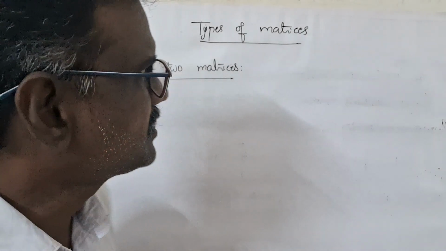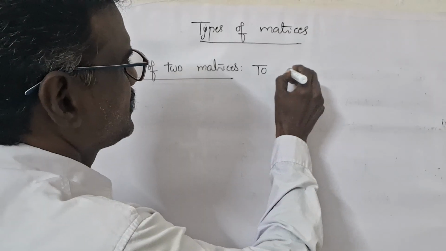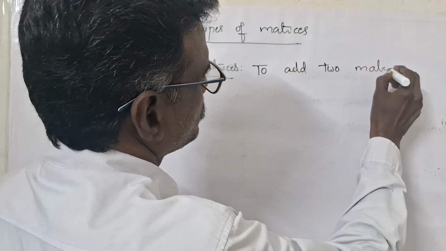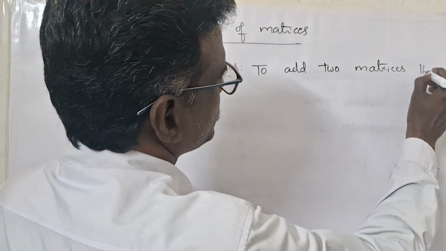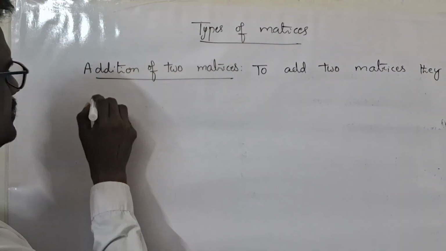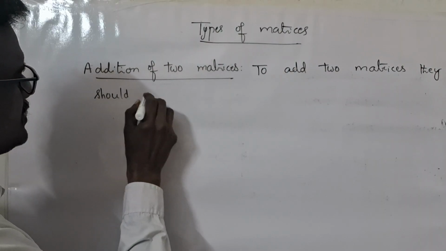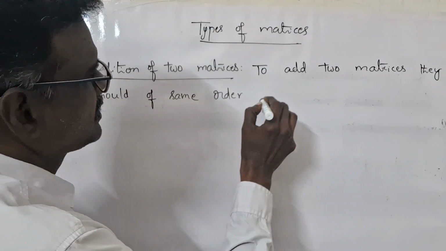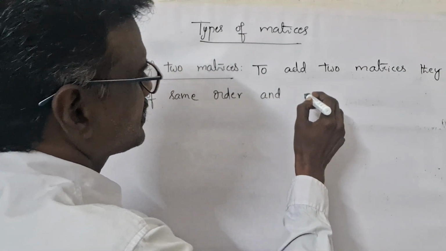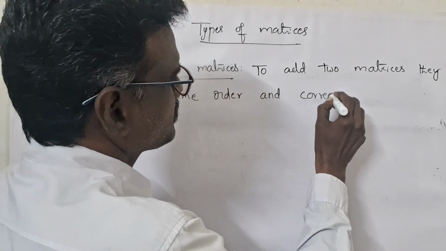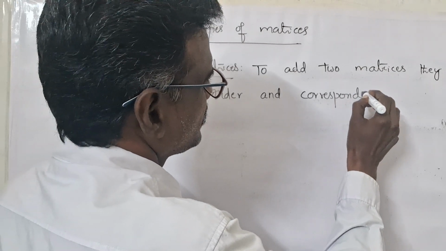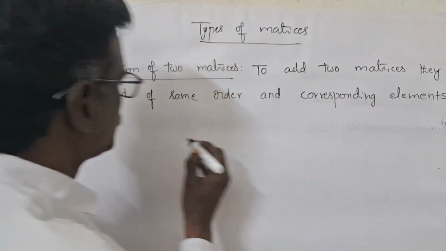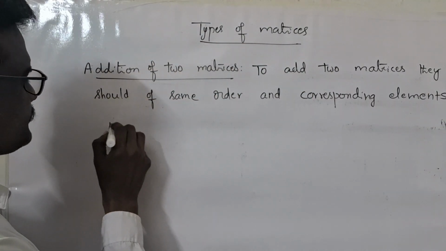So, to add two matrices, they should be of the same order, and corresponding elements in both the matrices must be added.